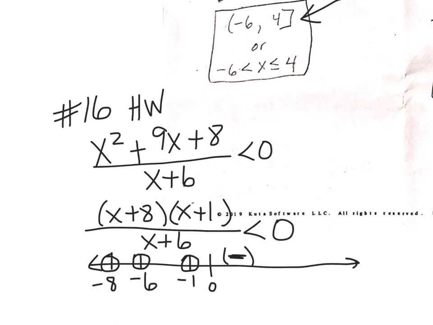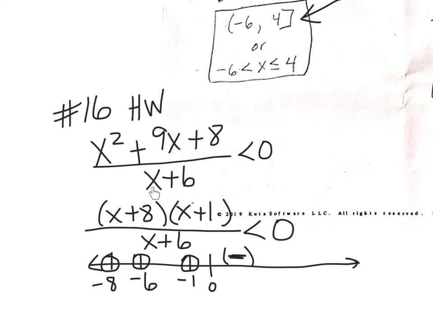So now I'm going to check a value in between -1 and -6. And so I'm going to try -2. Well, when I plug -2 in for x squared, I get 4 plus a -18. 4 plus a -18 is -14. And -14 plus 8 is a -6. So I get a negative number up here.